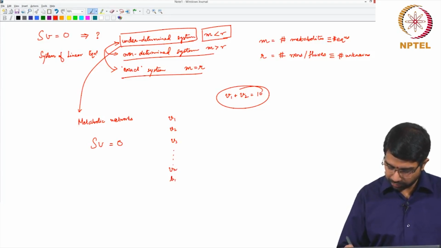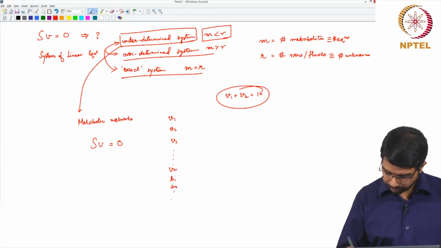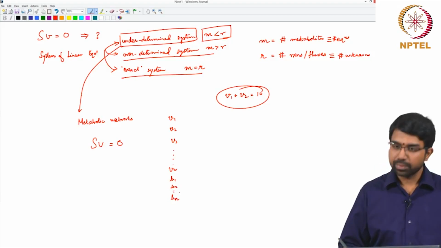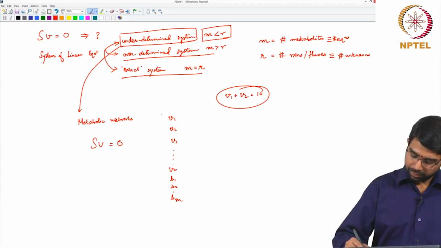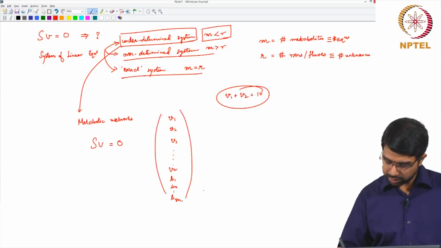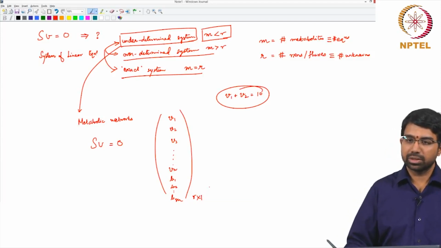You can also think of external fluxes, which need not be an N, it can be an M, right. This is going to be your R cross 1 vector that you are going to find out.